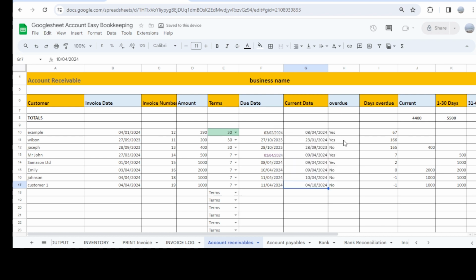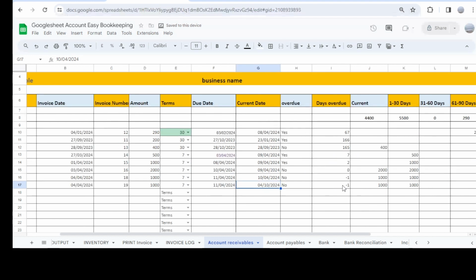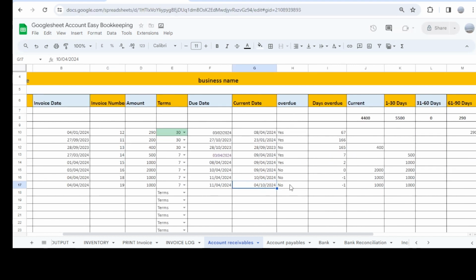So the overdue date has automatically updated, and it says payment is not overdue yet. Days overdue: he has 1 day. It's negative, it has a negative sign behind it. So he has 1 more day until payment is due. So he falls under current, because he has 1 more day until he pays.